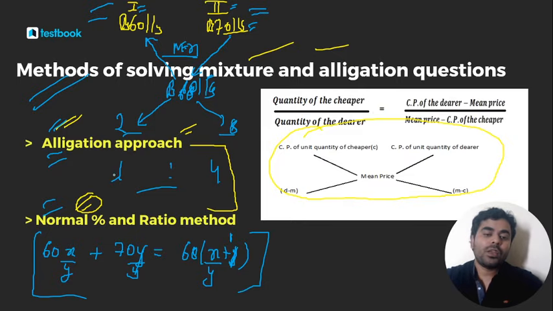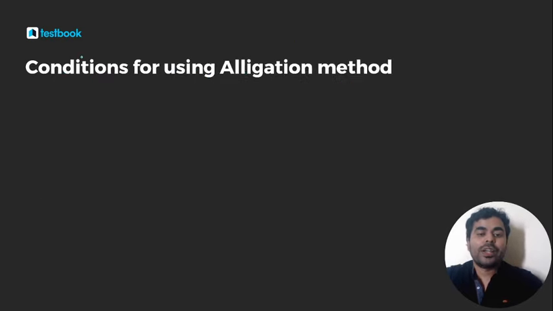Now, the condition for using the allegation method. The allegation method can be used in various chapters like profit and loss, simple and compound interest, percentage, ratio. Then the question arises, how would you know when to use the allegation method in any question?